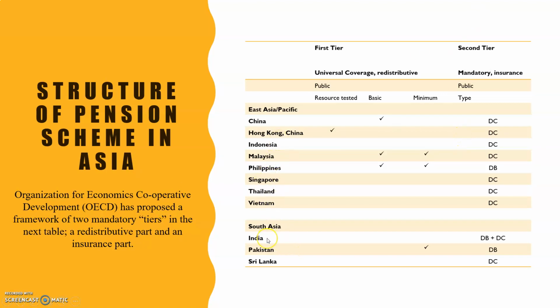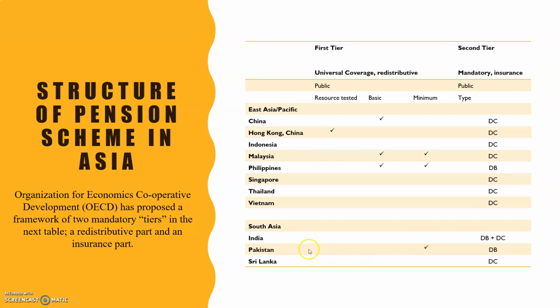So you see countries like, for example, Hong Kong and China have a resource-tested scheme, and meanwhile China, Malaysia, and the Philippines have the same one, that is a basic scheme, where it depends on our contribution rather than our earnings or income. Malaysia also offers a minimum scheme. Malaysia's is defined contribution, and the Philippines' is defined benefit, based on how much benefit they will get.